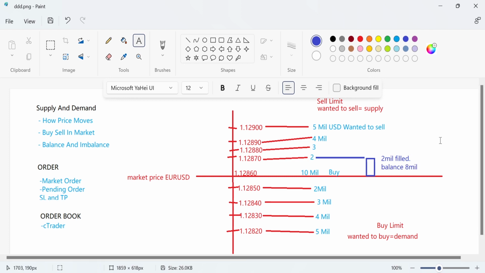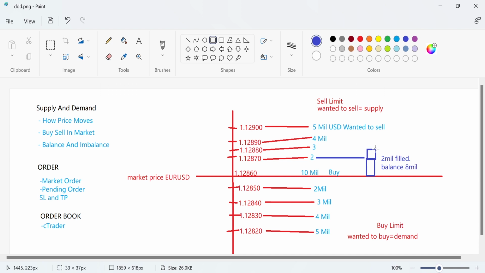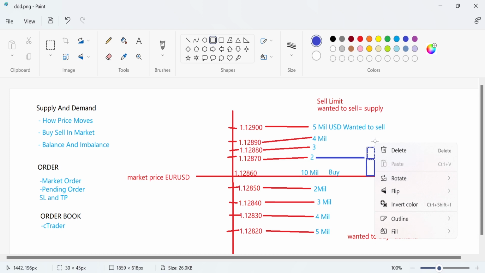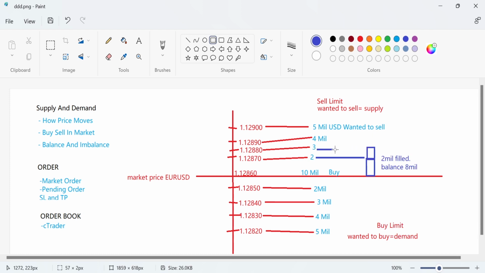The price will continue up, finding those who want to sell. Right here we have people sell 3 million, so I have balance 5 million unfilled. I want to buy 10 million, but now I have 5 million filled.